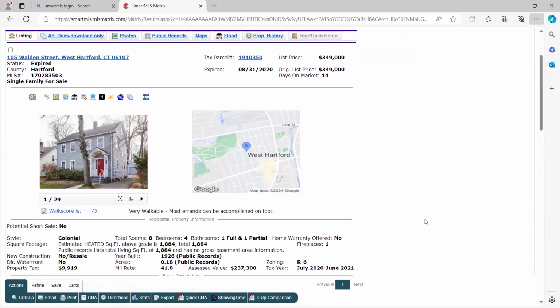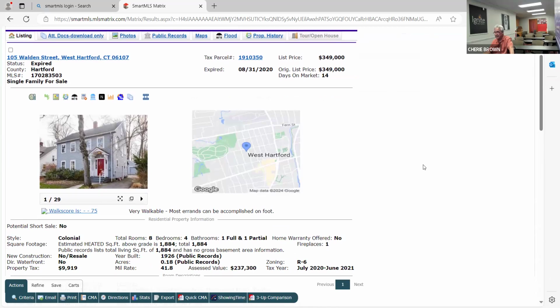It is true in some towns and not so true in others. Smaller towns only have one zip code, but they might have different sections in that same town where values might differ. So knowing your town is important.